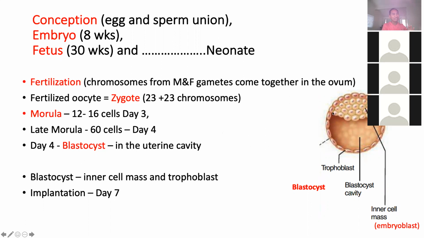That is what we call the inner cell mass, and the fluid portion is called the blastocyst cavity, and the whole structure is called the blastocyst. The inner cell mass is something which will develop into the human body, and therefore it is going to be the embryo, so we will call it the embryoblast. And the lining of the blastocyst cavity is called the trophoblast.